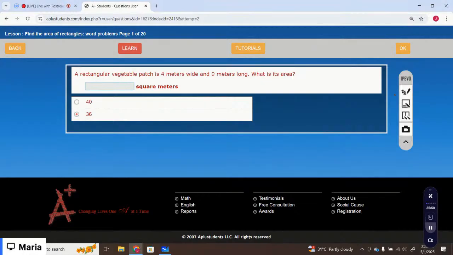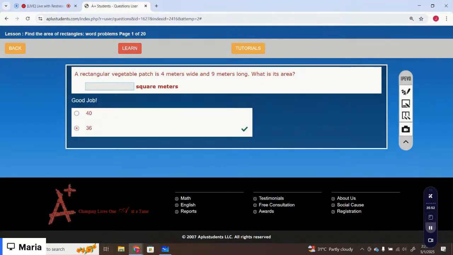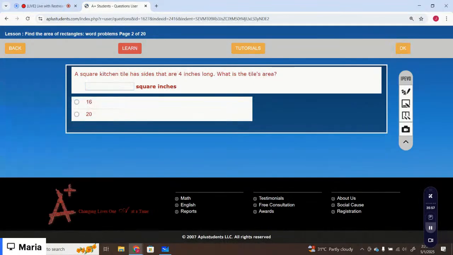That is 36 square meters. A square kitchen tile has sides that are 4 inches long. What is the tile's area? That is a square kitchen tile.